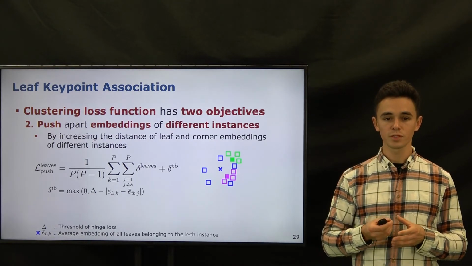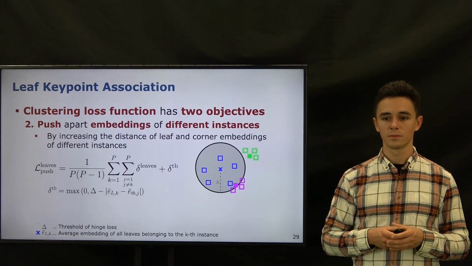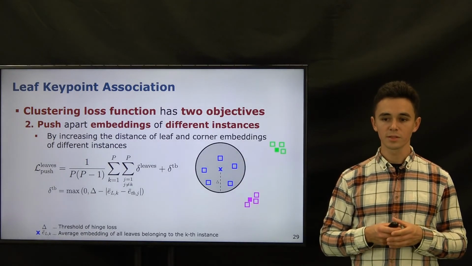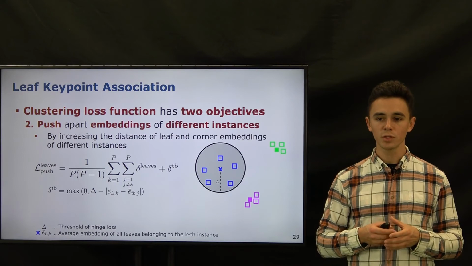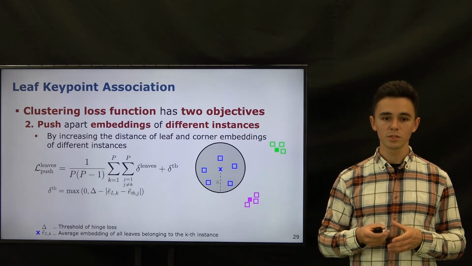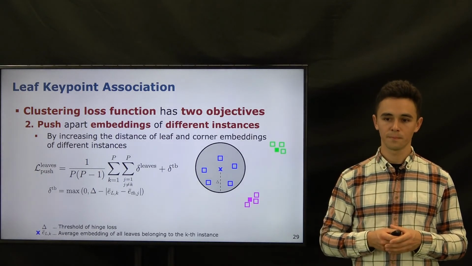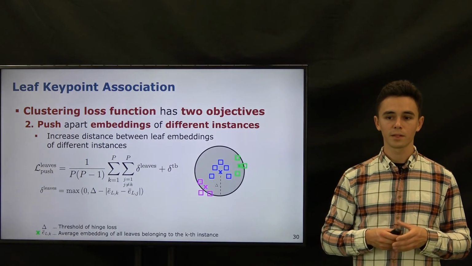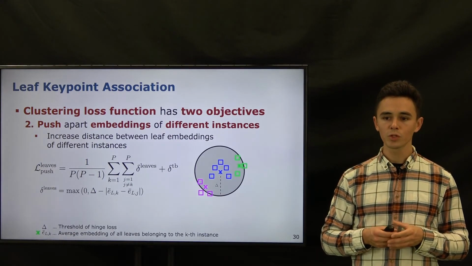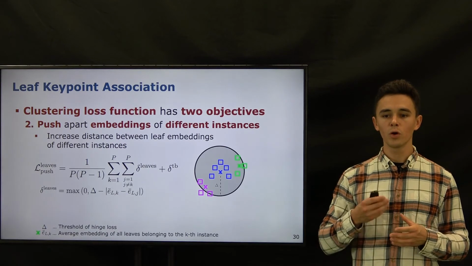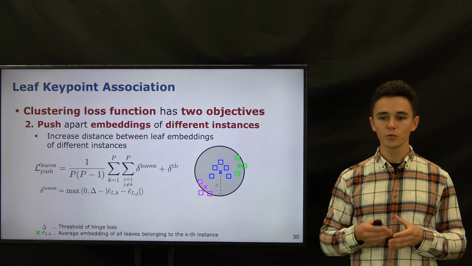This push force is hinged. That means it's only active up to a certain distance, denoted by delta. In the same way, we also increase the distance between all leaf key points which belong to different instances.